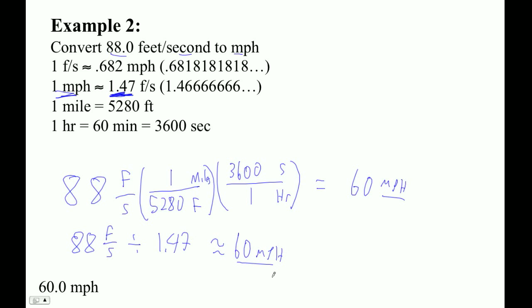So a conversion factor can go both ways. If you multiply by it, it goes one way, and the same conversion factor can be used to go the other way. In fact, I'll bet that this 0.682, the conversion that goes the other way, is roughly 1 over 1.47. So these conversion factors, you really don't need two, you can just use one.